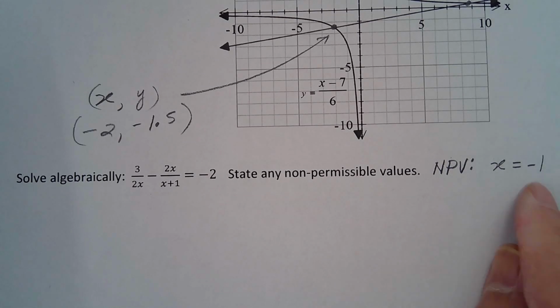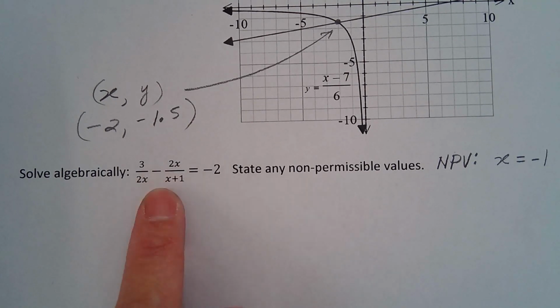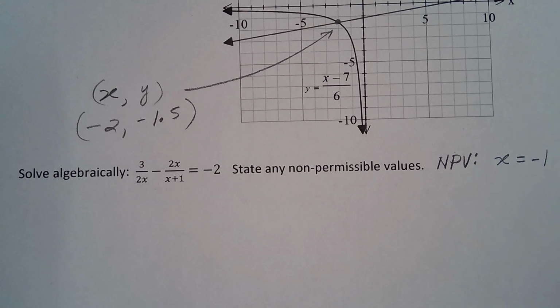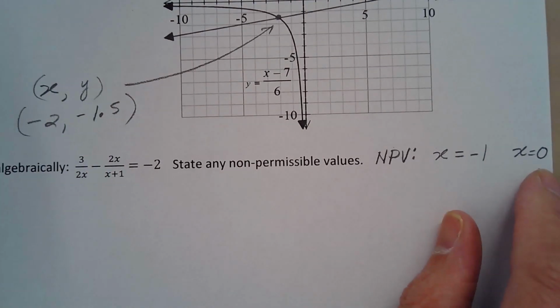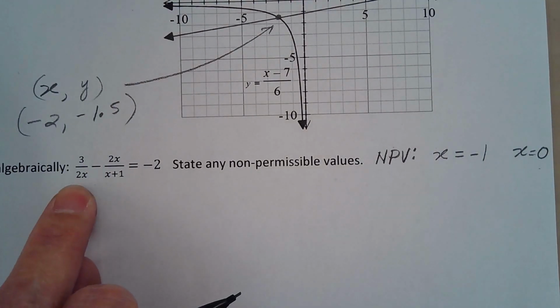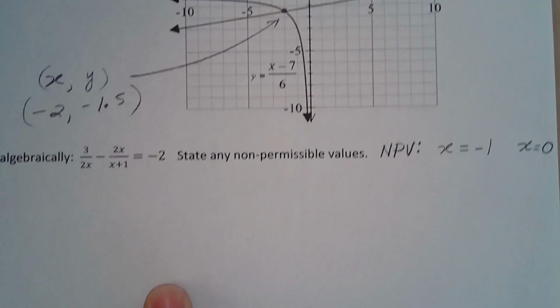Is everybody okay with this one? Yeah, x equals -1 is from the x plus 1 denominator. And then what's the other one? x equals 0. That's the one from 2x in the denominator. Okay? So those are the non-permissible values.